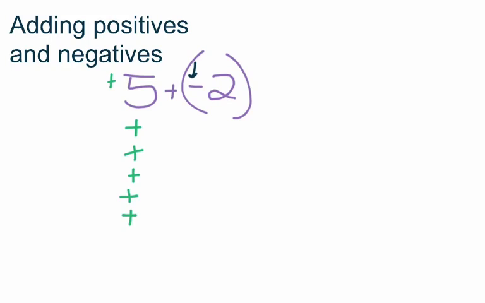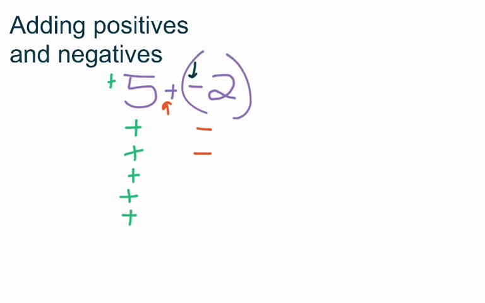That first positive wasn't necessarily always there, but we don't need it. Then we have our operation, the plus sign, and we can look at this as adding in 2 more negatives. So we have our 5 positives plus our 2 negatives.